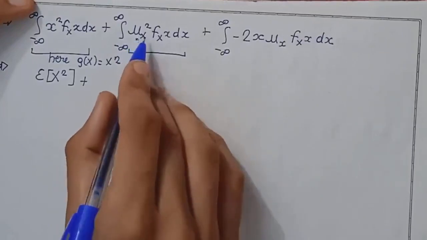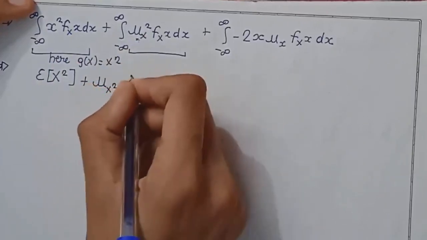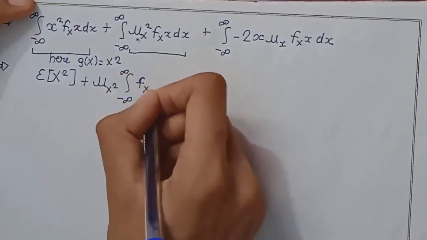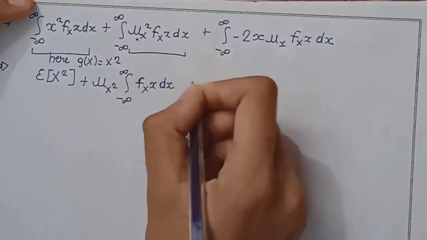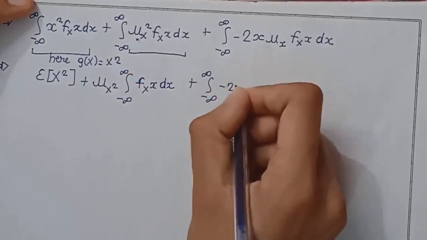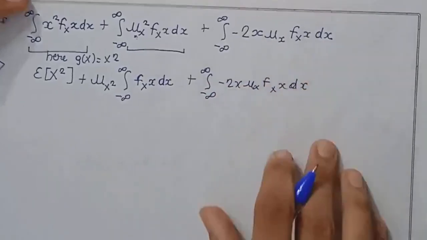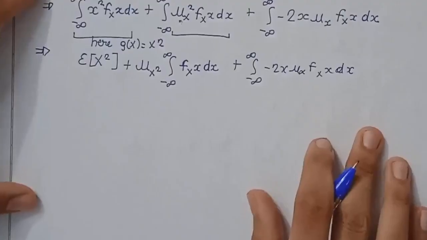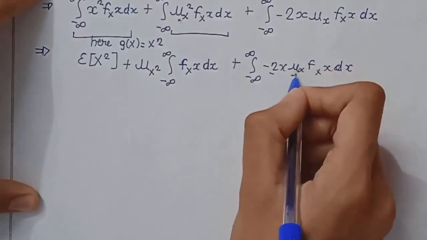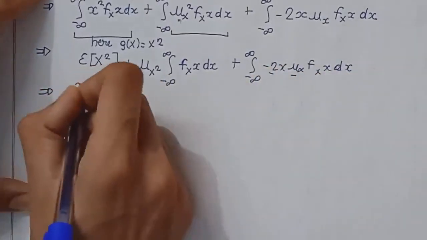So we will bring this expectation square outside this integration and write it as it is. Again in this part, -2 and this nu x are constant, so we will also bring this outside this integration.